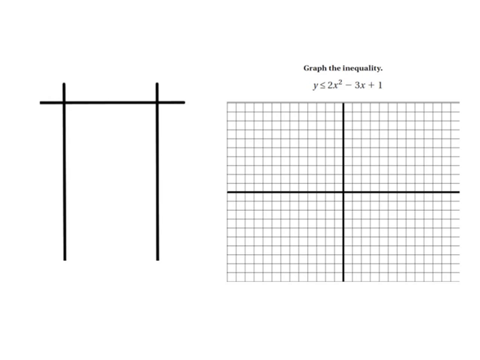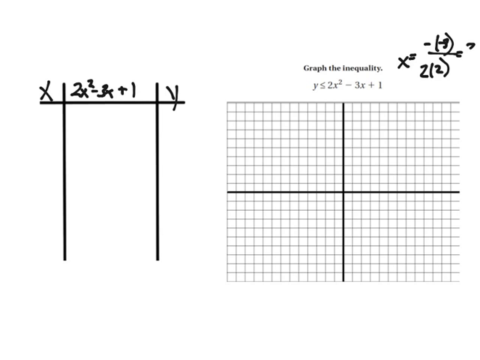All right, now we have 2x squared minus 3x plus 1, and y is less than or equal to that. Okay, first we got to find our x value of our vertex, or our axis of symmetry. x equals negative negative 3 over 2 times 2.